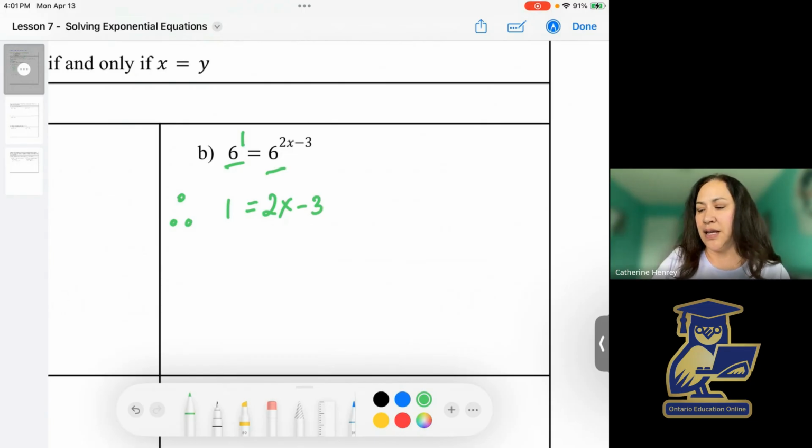Let's take this negative 3 over to the other side. That will give me 4 is equal to 2x. I will divide both sides by 2, and this example gives me x equals 2.